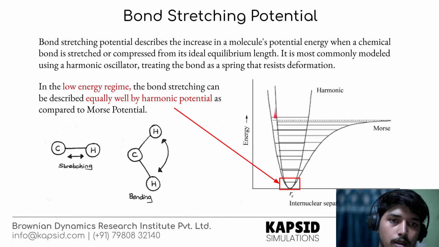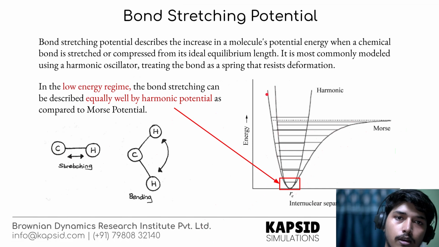This is the line that we follow, and it goes like this. It is called the Morse potential, right? This exact kind of potential form is called the Morse potential. The other type of potential that we are currently looking at is the harmonic potential, and that's this line. This is basically a parabola.